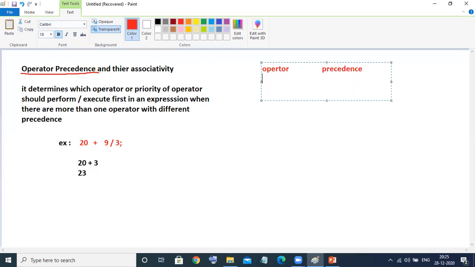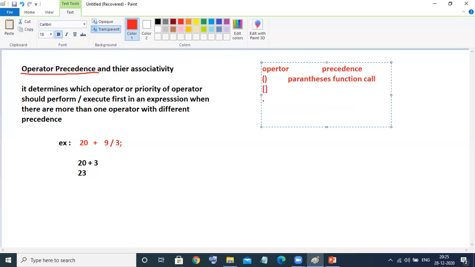On the topmost, we have these brackets, which are called parenthesis, or you can also say a function call. Next, the square brackets, then the dot operator, which is used to access structure members.